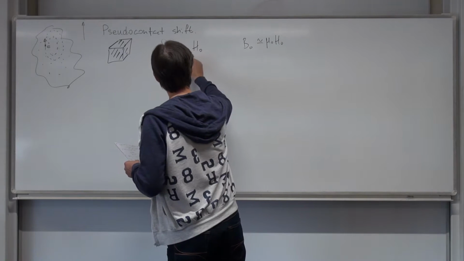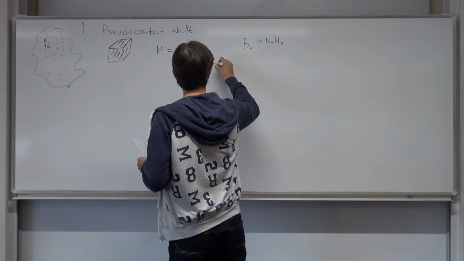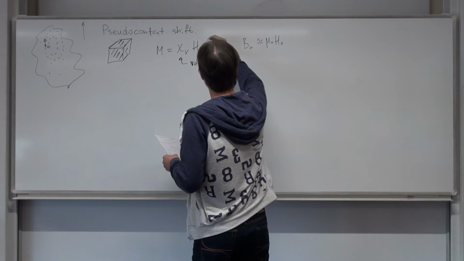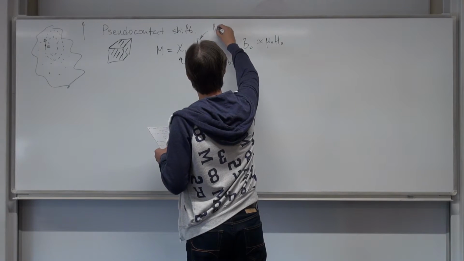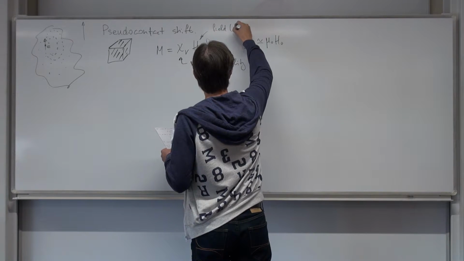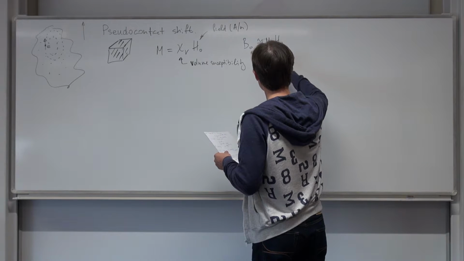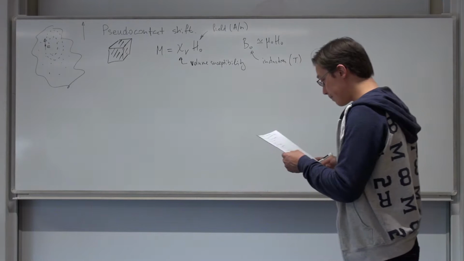So this chi is volume susceptibility, and that is the magnetic field, and that's the induction in our usual units of Tesla.